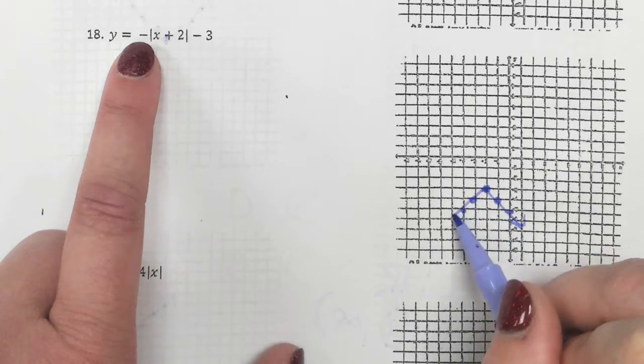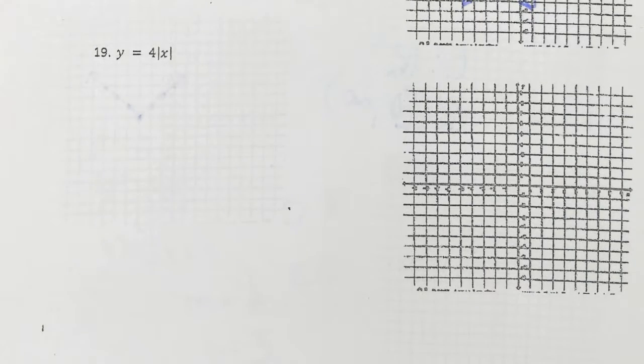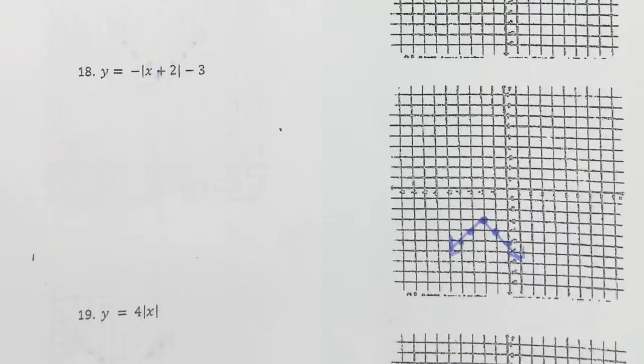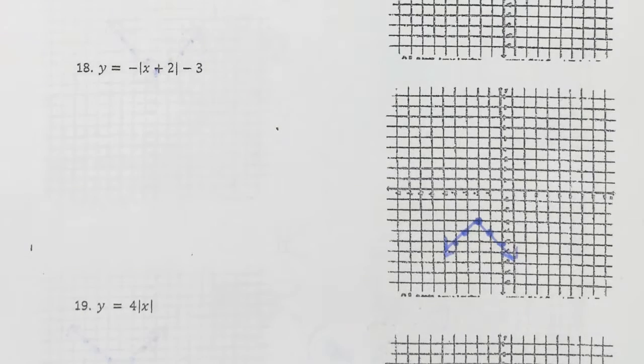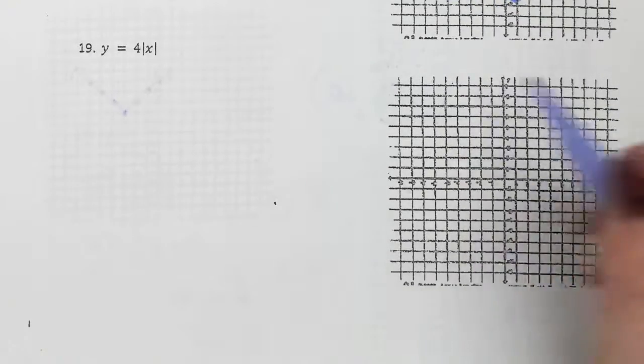And then we got to do some checkpoints for a couple of us. Alright. Do you have any number on the inside? Do you have any number on the outside? Oh, no, you don't. Where are those numbers on the outside? Look at 18. What number was on the outside of number 18? The 3. Do you have a number like that on 19? Oh, man. No. So where am I going to start?